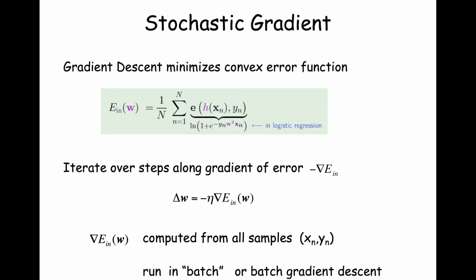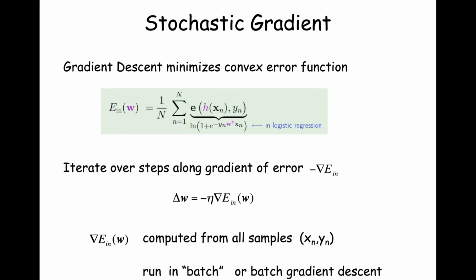And so in this, we iterate over steps along the gradient of the error, the gradient of E_in. The minimum was found if the direction v-hat, as we said before, was opposite the direction of the gradient, and it's going to decrease our weights, our steps.